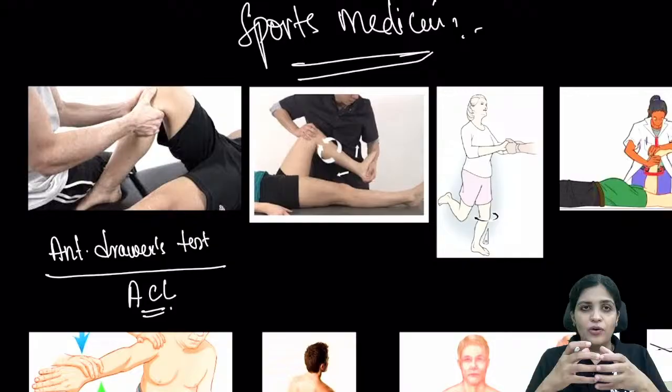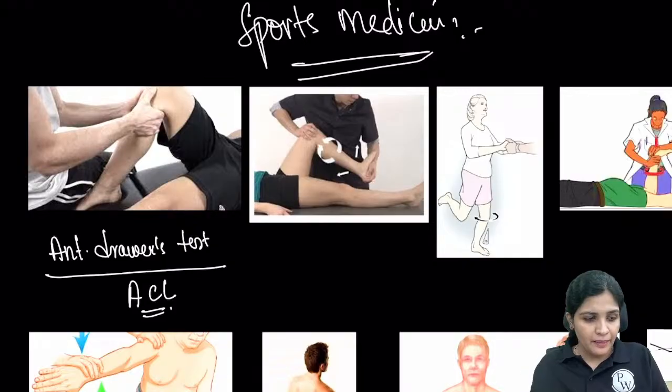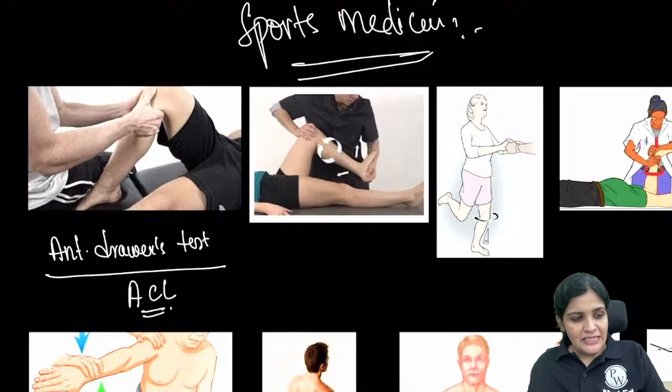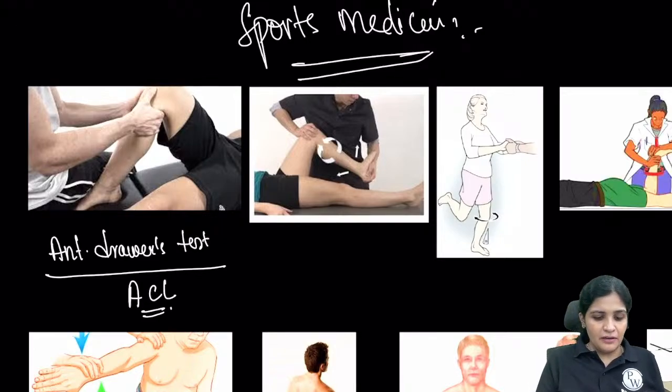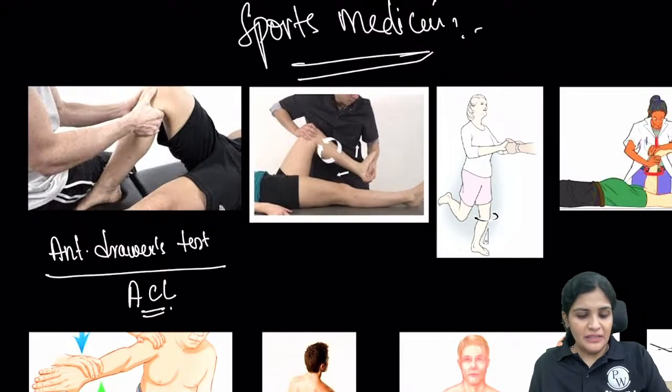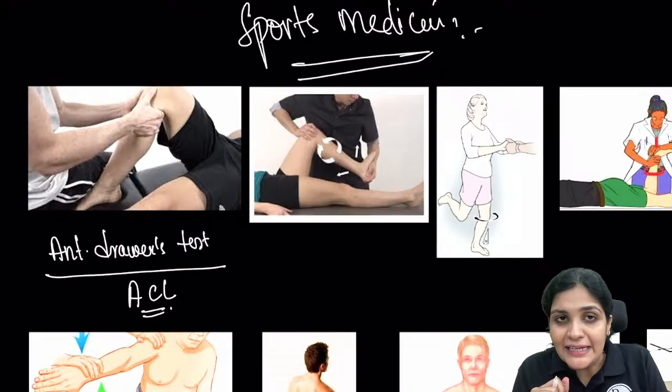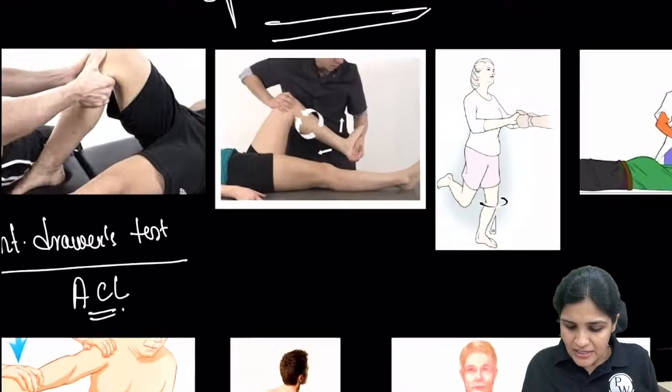What you are going to do is put the limb in flexion, and you will try to pull the tibia forward. So this is called your anterior drawer test. What is the second one?